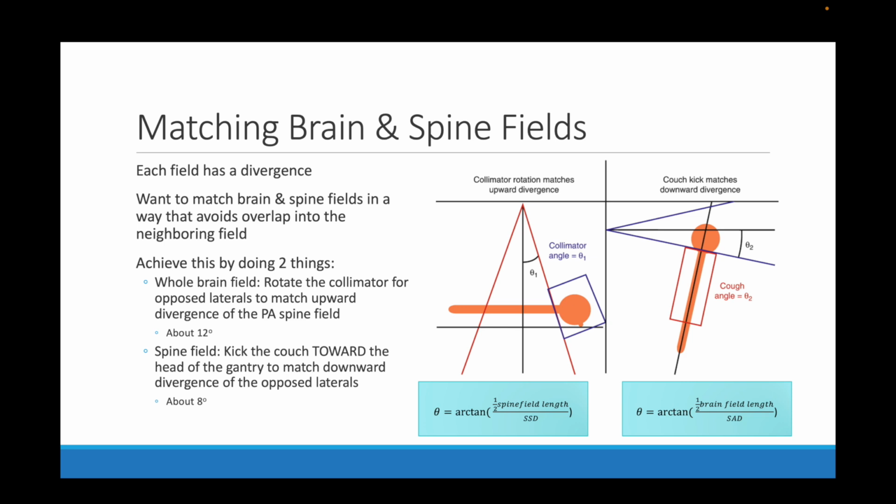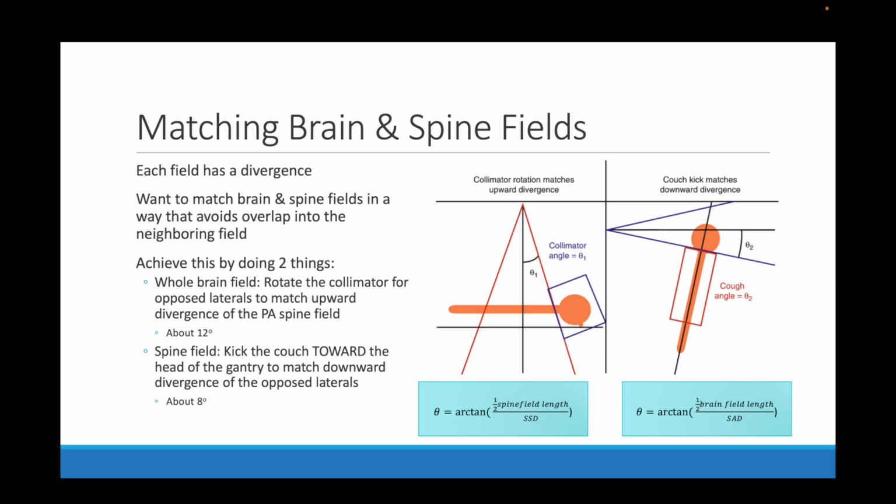We can do 2 things. So when we're treating our whole brain field, rather than just slapping on two squares on either side of the patient, we can actually rotate the collimator so that the bottom edge of our brain field kind of parallels the upward divergence that's created from the PA field. And a visual representation of that is shown on the left-hand side of this table.